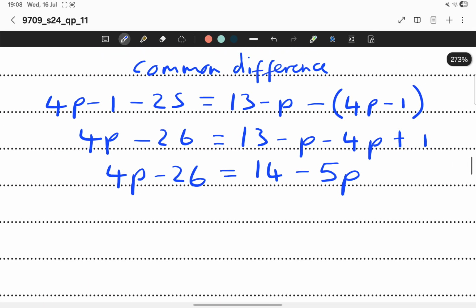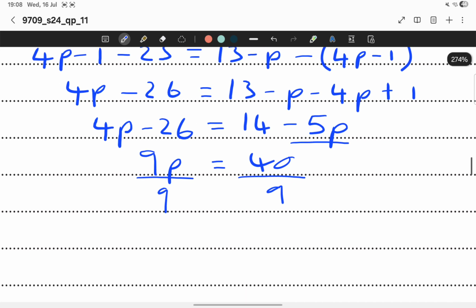And collecting like terms, we'll take the 5p to the other side, and this gives us 9p equals 14 plus 26, which is 40. And dividing by 9 both sides, we get p to be 40 over 9, right?